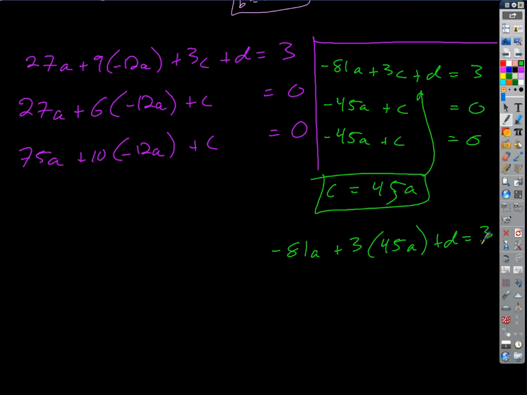And now I could solve for, let's say, D in terms of A, right? And gradually, we're just going to whittle this thing down to where we get down to one variable, and we can solve for that value, and then just go back. Once I know what A is, for example, I can go back and find out what C is, et cetera, et cetera.